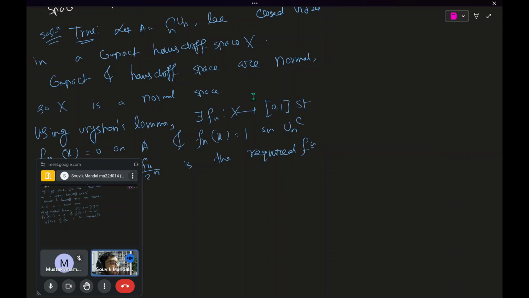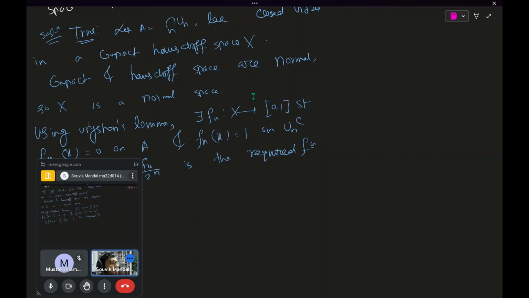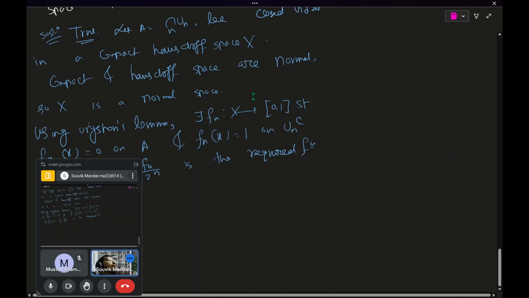Now using Urysohn's lemma, there is a function fn from X to [0,1] such that fn(x) equals 0 on A and fn(x) equals 1 on the complement of Un. So then f(x) equal to the summation of fn over 2 to the n is the required function.